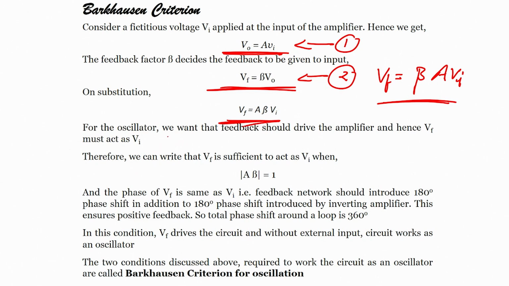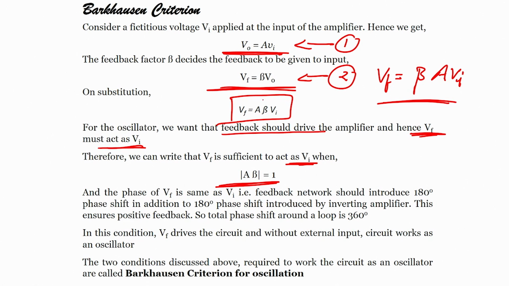For the oscillator we want that the feedback should drive the amplifier, hence Vf must act as Vi, correct. This is also easy. For the oscillator what we want, the feedback should drive the amplifier and hence Vf, that is feedback voltage, must act as an input voltage. Therefore, we can write Vf is sufficient to act as Vi when we have A beta equals 1, right. You see, this is the feedback network, right, feedback voltage.